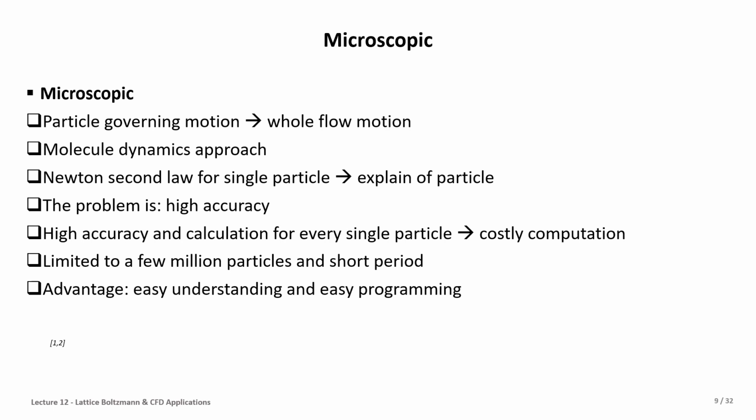We are studying the dynamics of the molecules, for example, Newton's second law for a single particle is used to explain the particle. The solution has high accuracy when we use the microscopic approach. But imagine that we are doing the calculation for every molecule at every time step. The computation is costly, especially when we have a large problem.